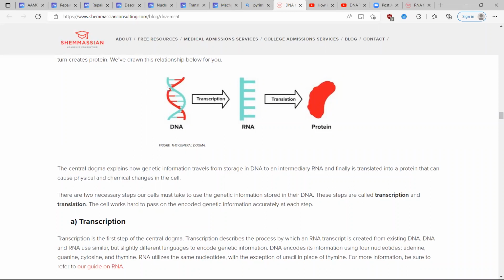So the DNA is like your computer. It's your store of all the information that you have. You find the recipe that you want, and now you print out that particular recipe. That's the RNA. You transcribed it from your computer to a piece of paper, which is the recipe printed out.